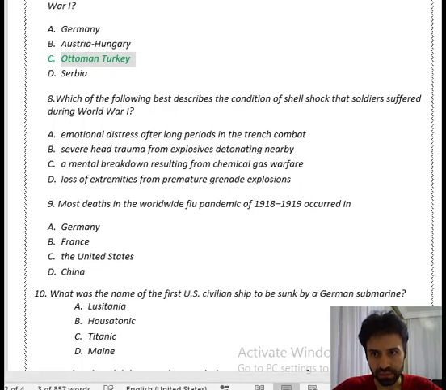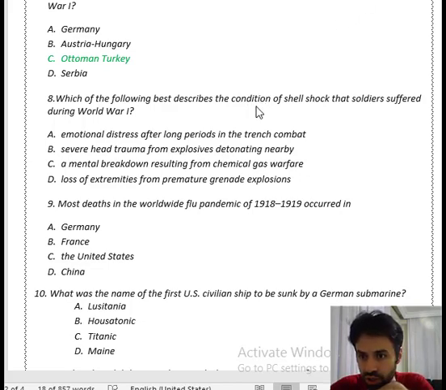Question number 8. Which of the following describes the condition of shell shock that soldiers suffered during the World War I?